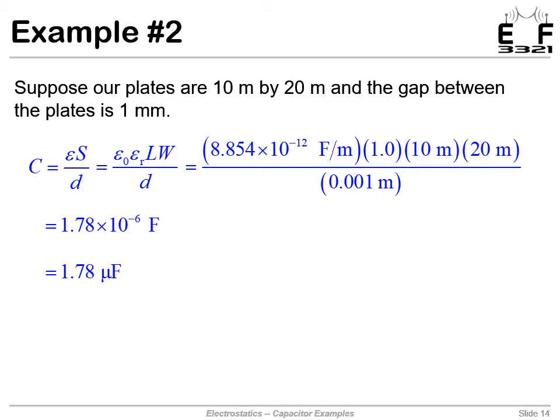So the microfarad, 10 to the minus 6, for a capacitor that is physically huge, that really means the farad as a unit is a very, very large unit. Imagine how big that capacitor would be to actually be 1 farad. It would be 6 orders of magnitude larger than 10 by 20 meters. That'd be crazy.